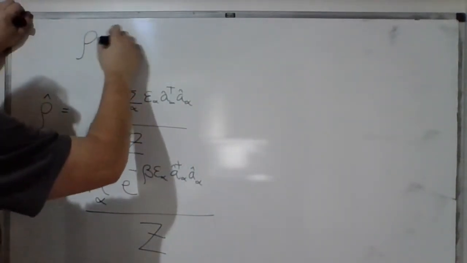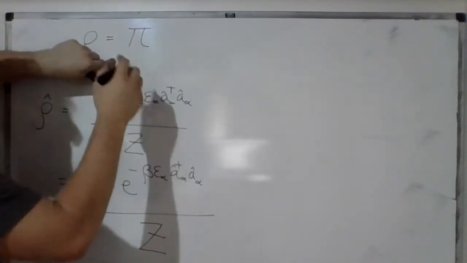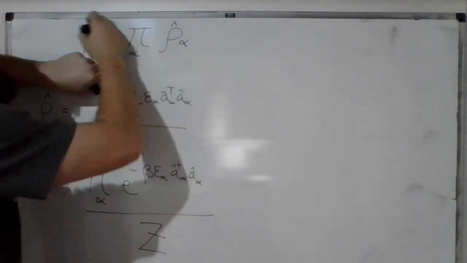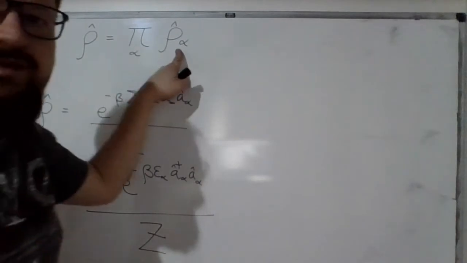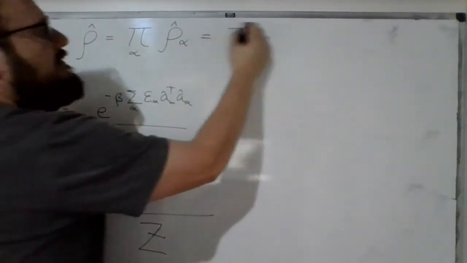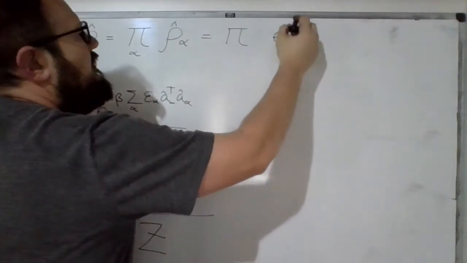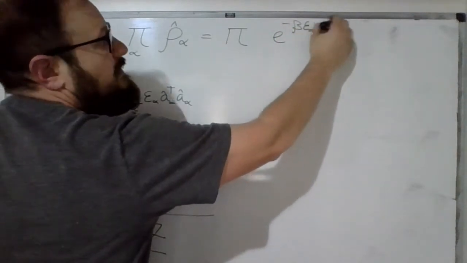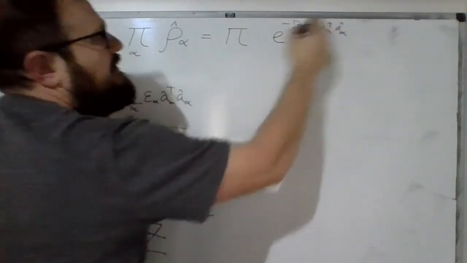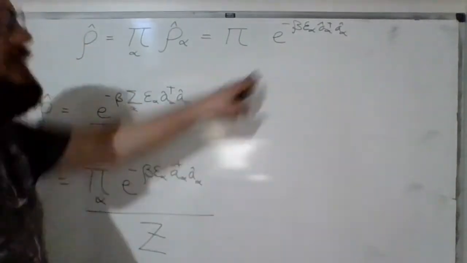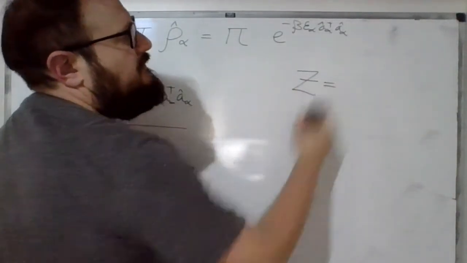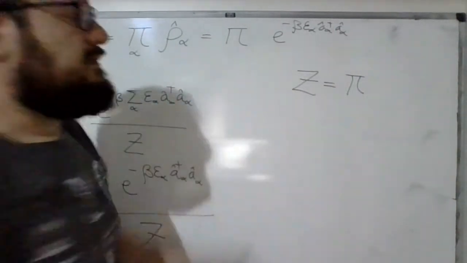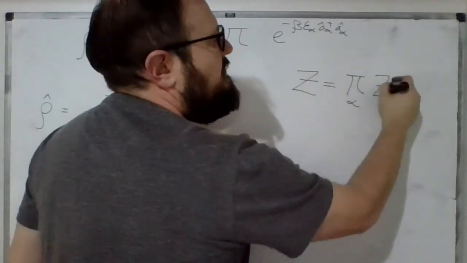And now we can rewrite it as the following: a product over alpha, the quantum numbers alpha, of the exponential of minus beta e alpha, where this is the number operator in the state alpha, divided by the full partition function Z, which we can also rewrite as a product over alpha of Z alphas.